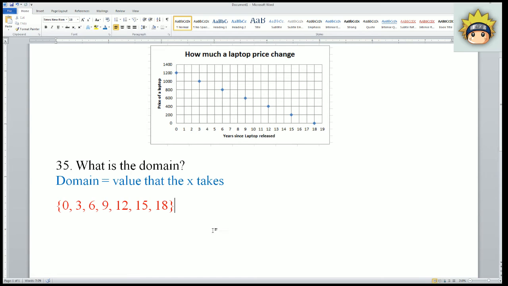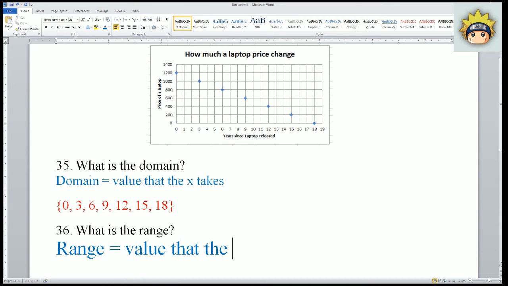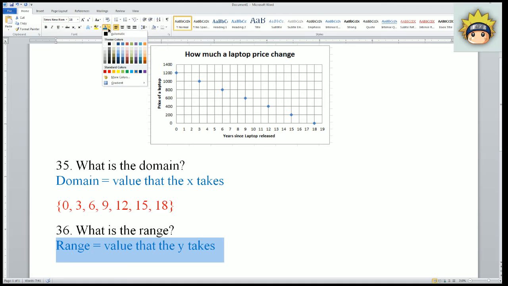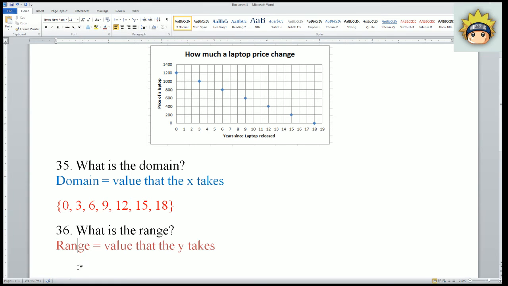Next, 36 is asking us what is the range. The range is the values that the y takes as a result of the x values. You could also call that the dependent variable.